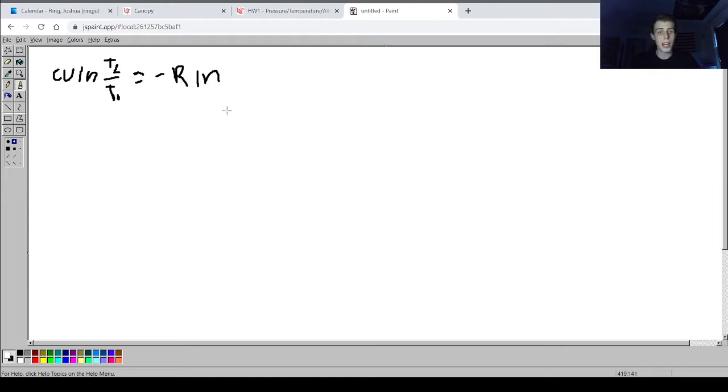We're going to use the ideal gas law, where V equals RT over P. We substitute that in for the volumes, which leaves us with T2 over P2 times T1, I'm sorry, P1 over T1. My bad on that. And the Rs from V equals RT over P cancel out.